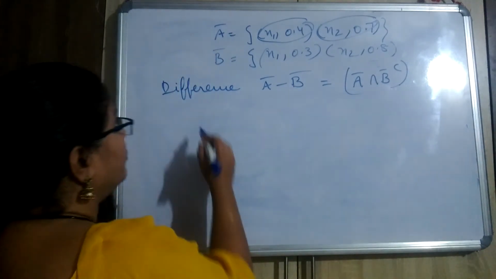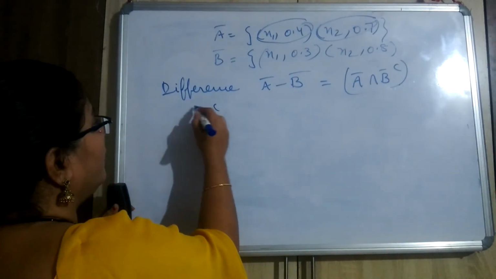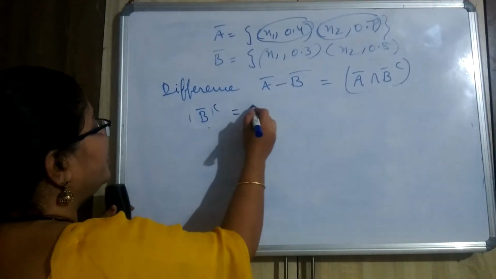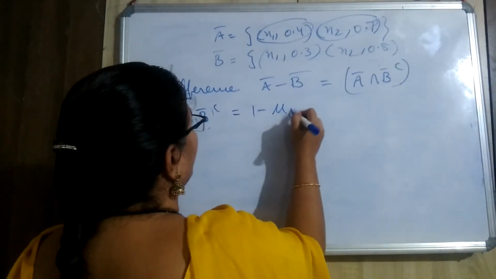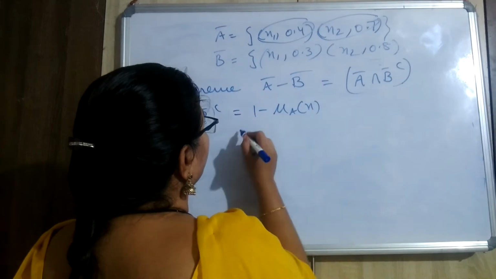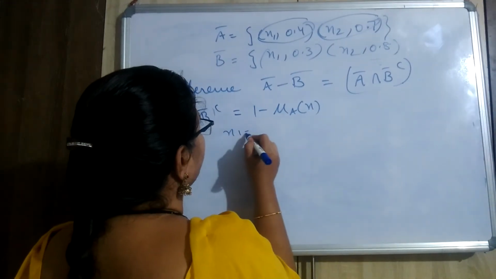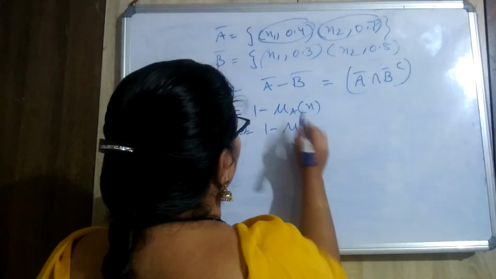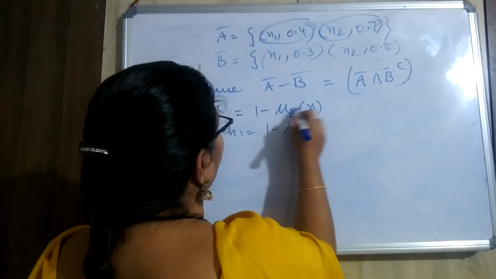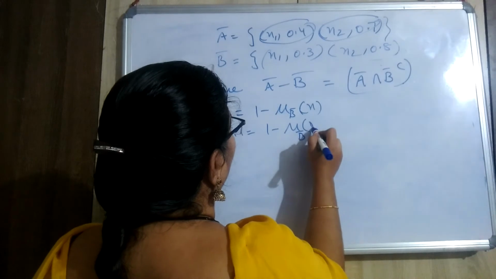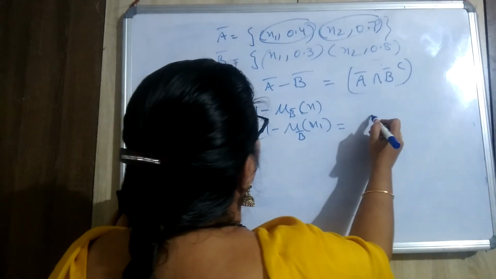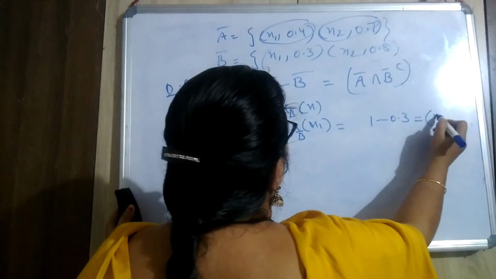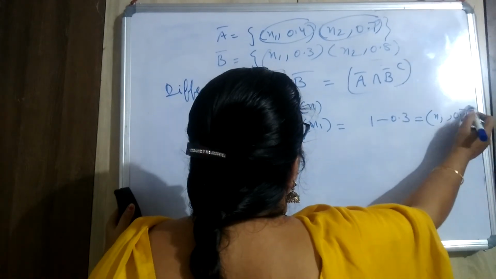Let us first find out the complement of B bar. The B complement can be represented as 1 minus mu B bar of x. First at x1, that is 1 minus mu B bar of x1, which is 1 minus 0.3, that is x1 comma 0.7.